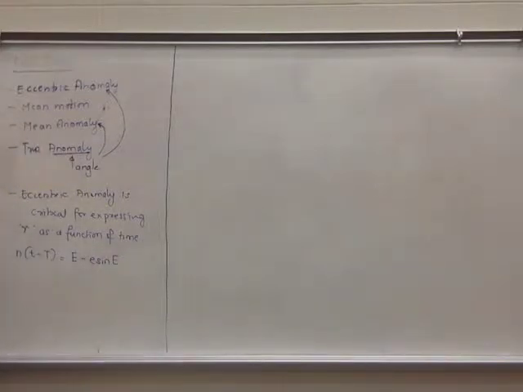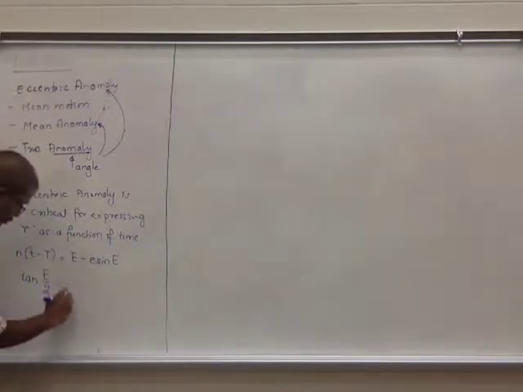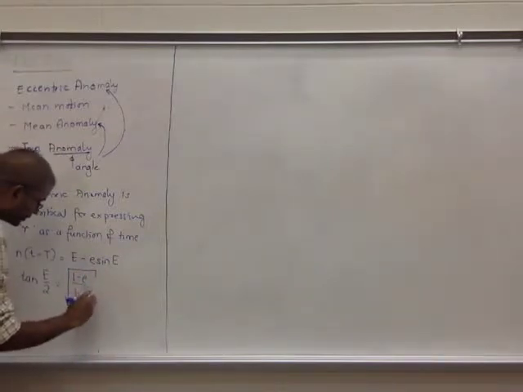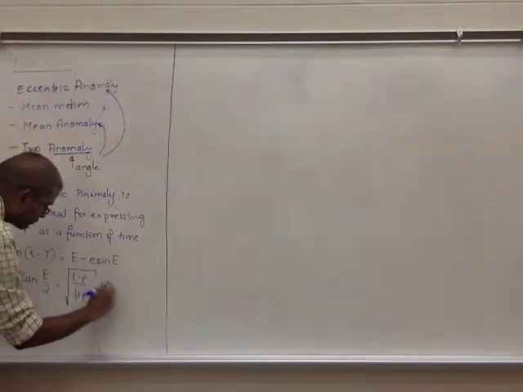And what is Gauss's equation? Tangent of E over 2 equals the square root of (1 minus e) over (1 plus e) times tangent of theta over 2.